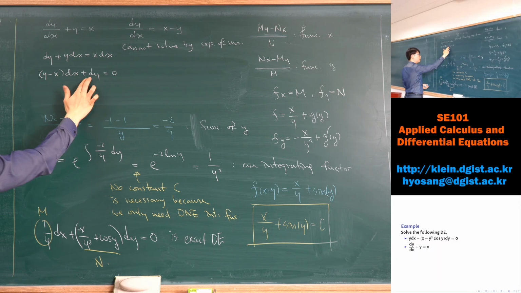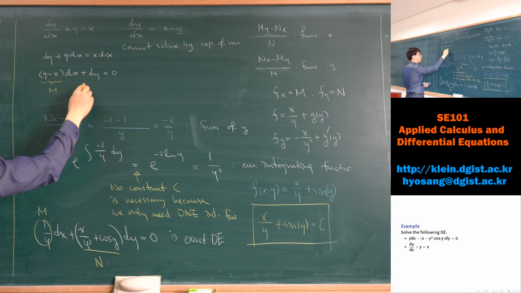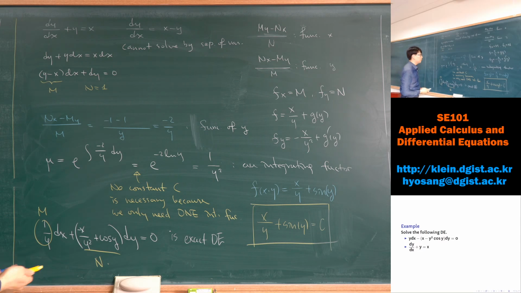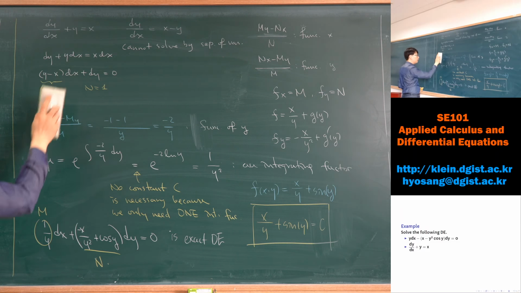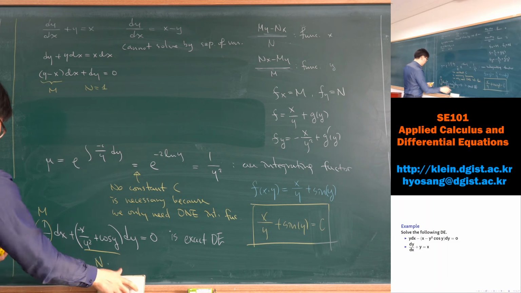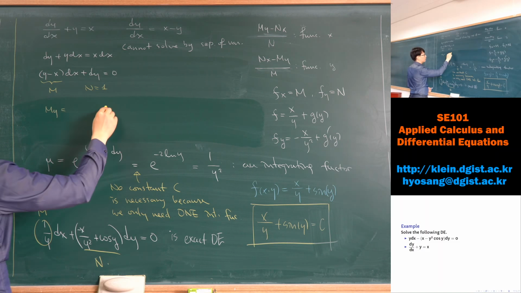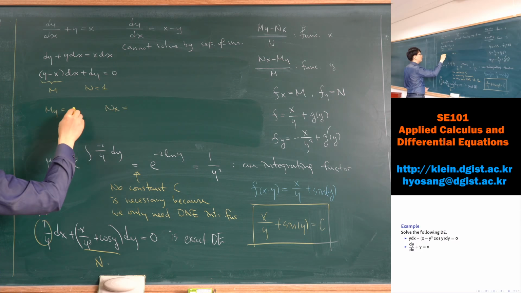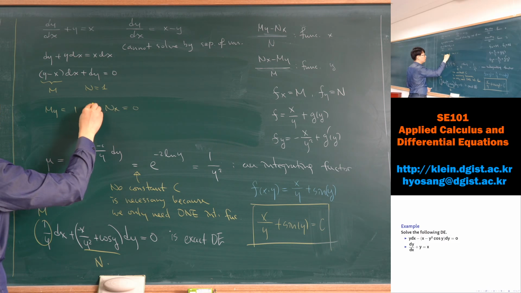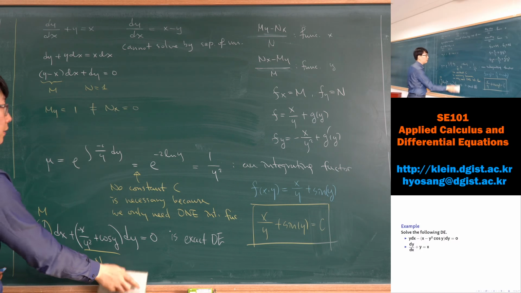So in this case, this is M and this 1 is N. So M is y minus x, and N is simply a constant, because you can imagine that the 1 is hidden here. And let's try to compare M_y and N_x. M_y is 1, and N_x is the derivative of a constant, so it's 0. So these are not equal. So this is not exact. We have to find an integrating factor.